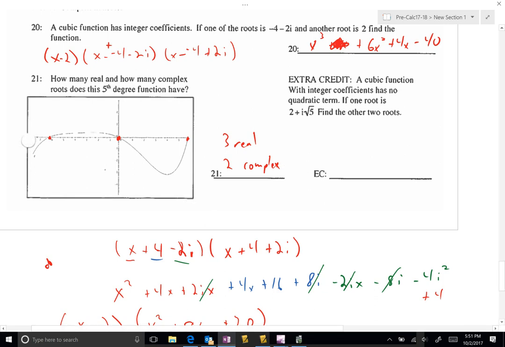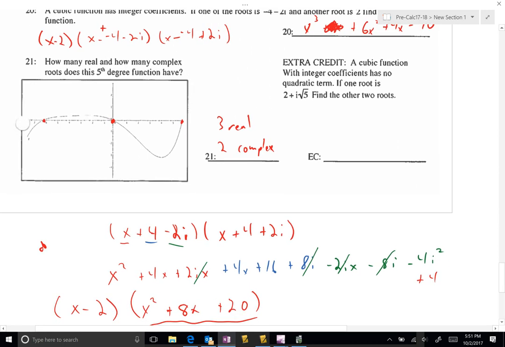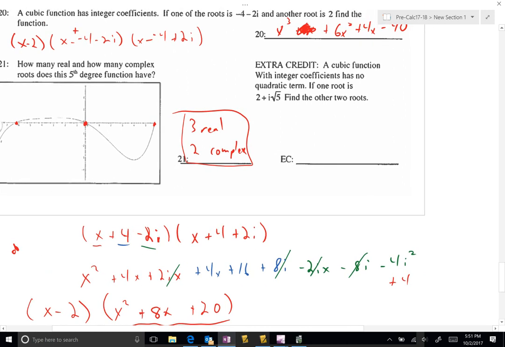Doesn't look like it because at no point do we have a sort of bend or kink as we go through. These look like they go straight through the x-axis, so I would consider those just single real roots instead of a triple real root. Okay. All right, so that's going to be our best answer.